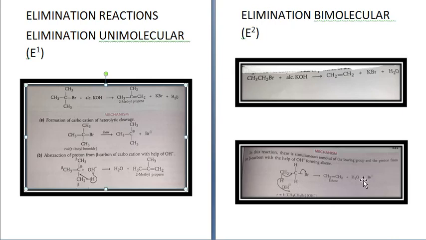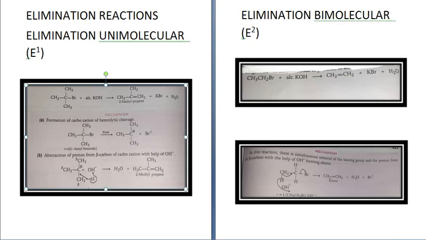Now if strongly basic nucleophile is used, then the mechanism is always E2, whatever the nature of carbon atom, whether it is primary or secondary or tertiary. Now dehydration of alcohol in presence of acid is also an example of E2 mechanism. Like ethyl alcohol, if you treat it with concentrated H2SO4, it will give you ethene plus H2O.